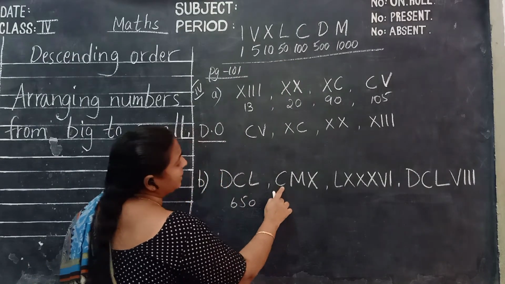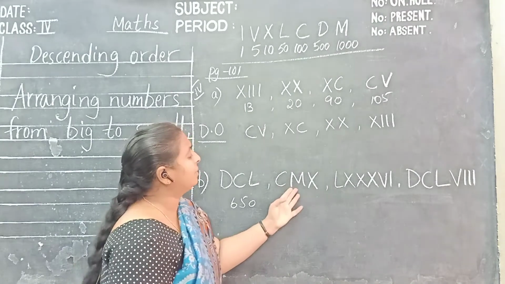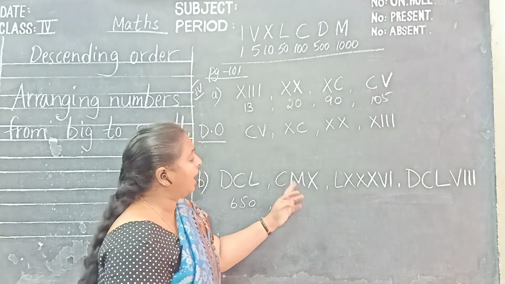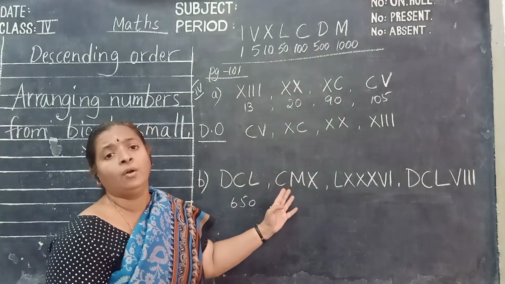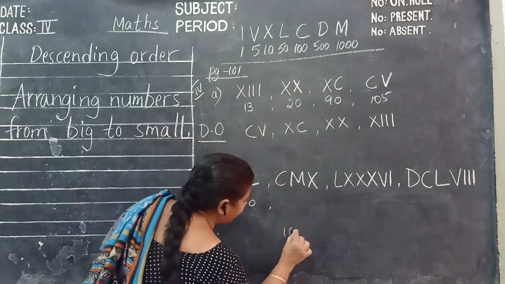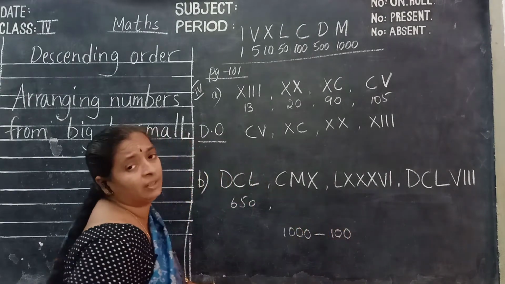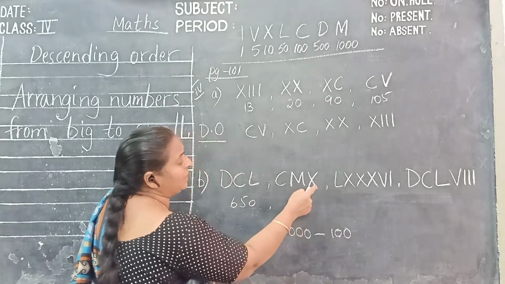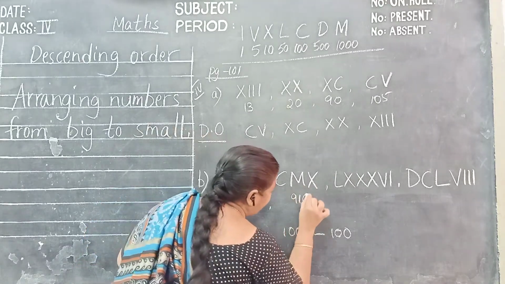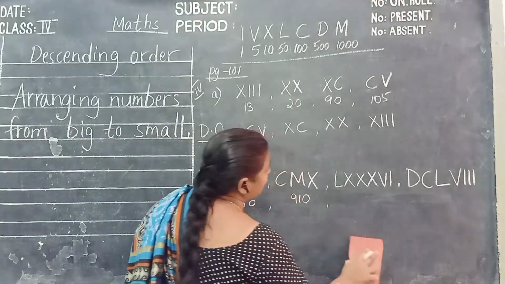Then the next one, CMX. C is 100, M is 1000. Before M, we got C, 100. What should we do? 1000 minus 100, since it is on the left side, no children? So we do minus 100. Then 900. 900 plus 10, 910.